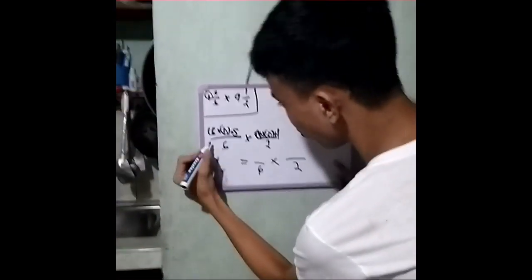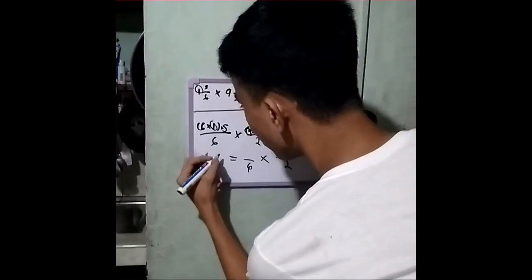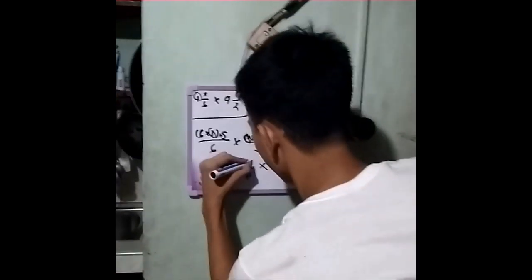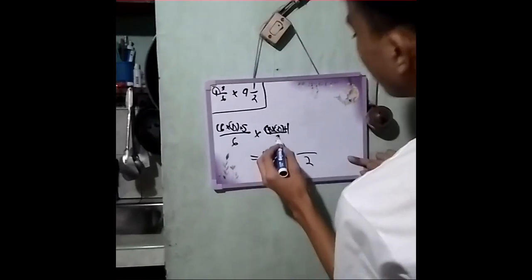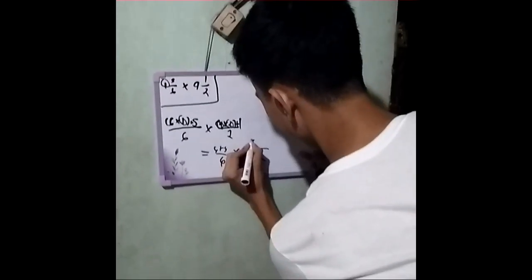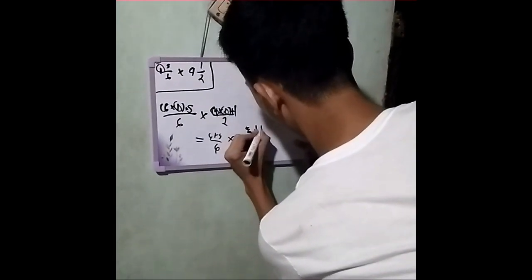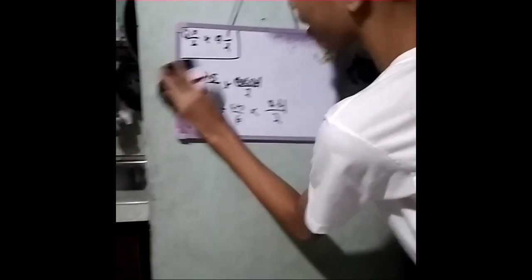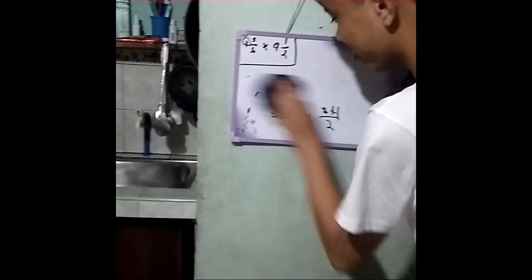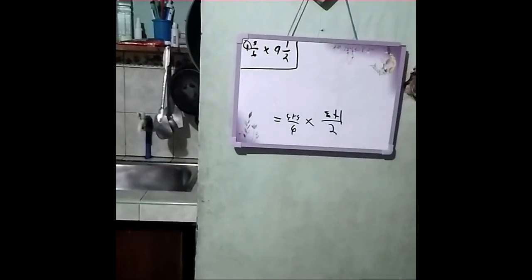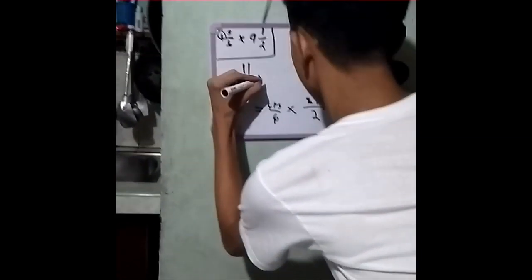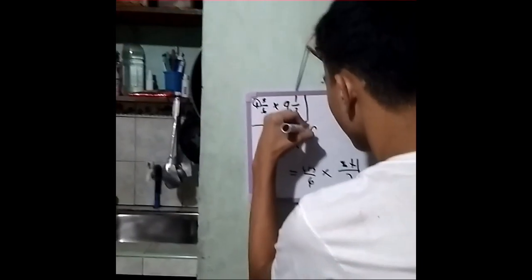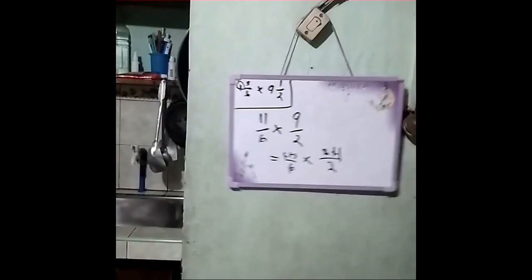So 6 times 1 is equals to 6 plus 5. And 4 times 2 is equals to 8 plus 1. Buburahin ko yung ibabaw kasi maliit yung board. So 6 plus 5 is equals to 11 over 6, and 8 plus 1 is equals to 9 over 2.